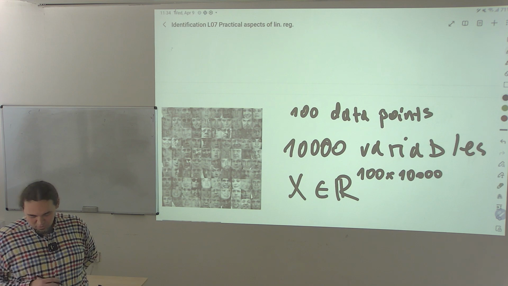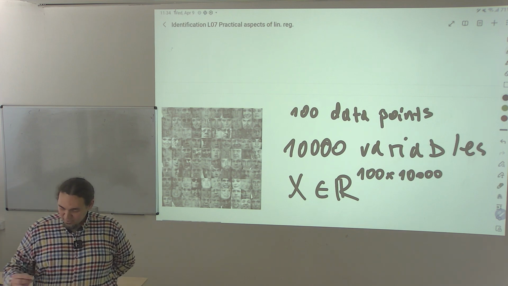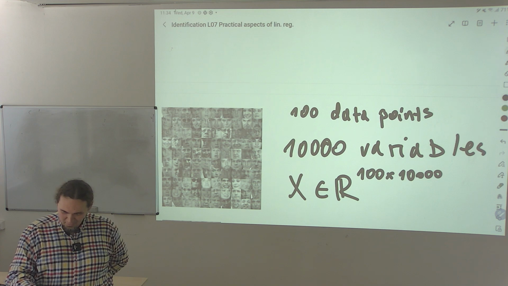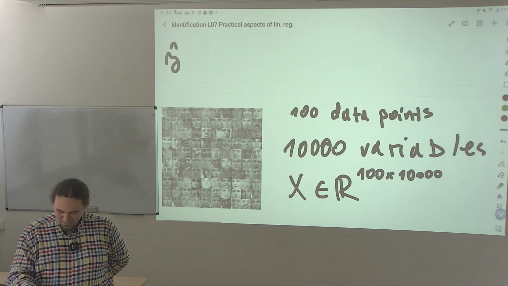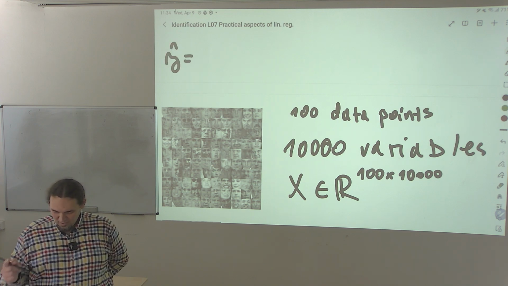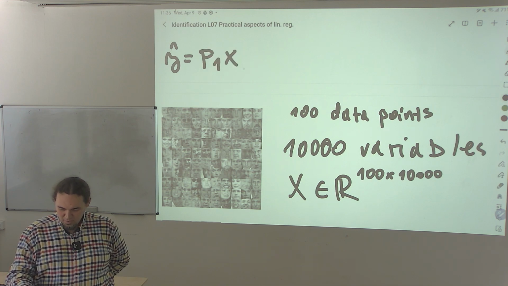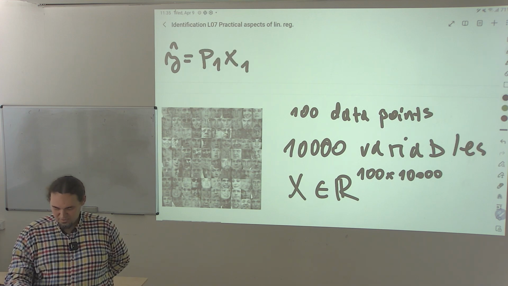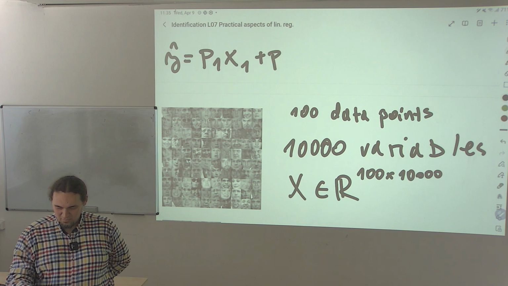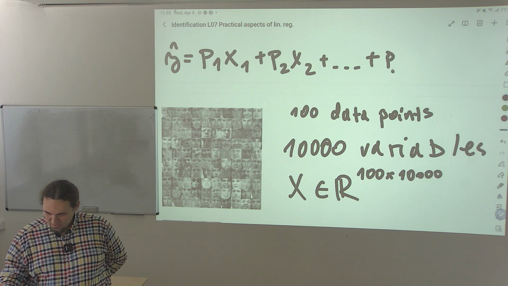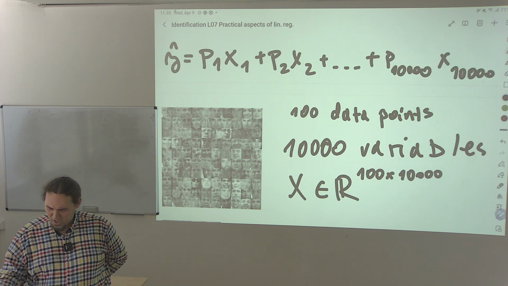Let's say we want to do some sort of a prediction model, which means how would the prediction model look like? We have one parameter per one pixel. So we have P1, we have P2, until we have P10,000, times X10,000.